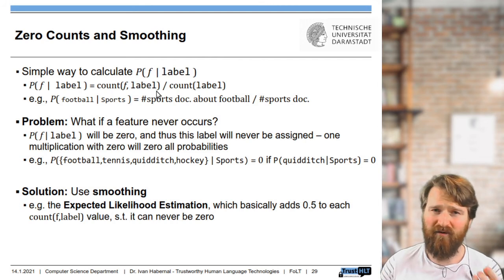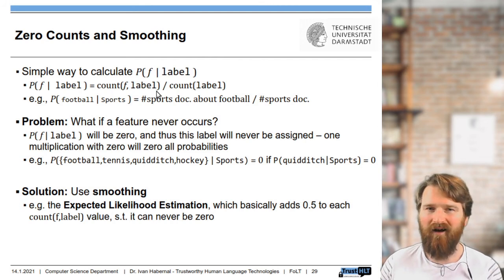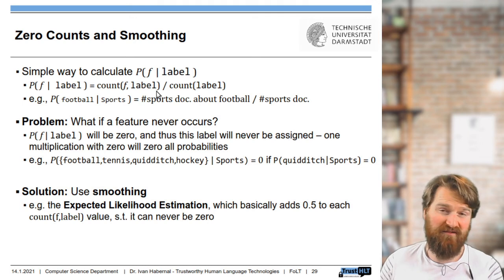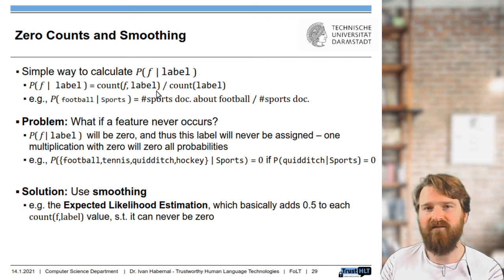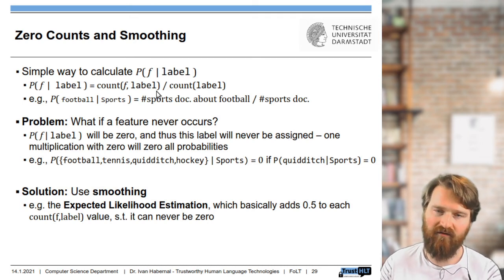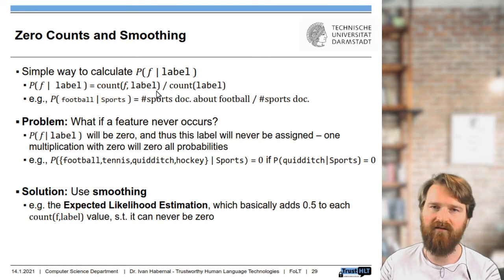And the probability of the word monster in automotive, well, it's very unlikely, but it's not 0. So perhaps we don't see this combination of feature and label in the training set, but we wouldn't really assign 0 probability. Something which is super, super low.